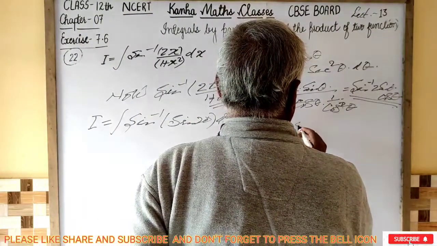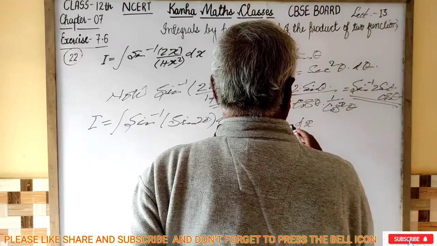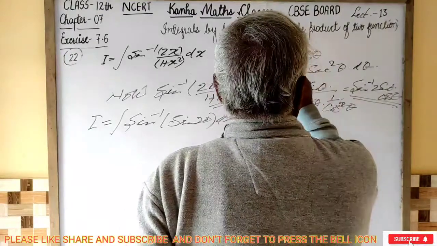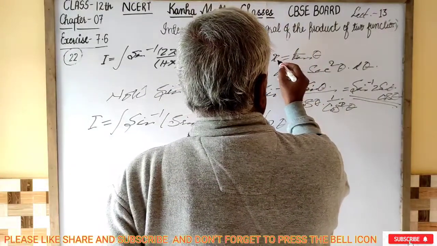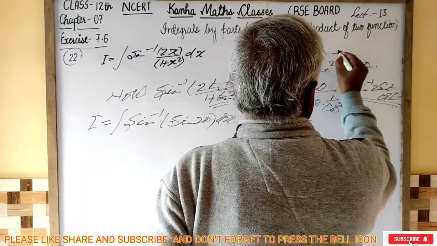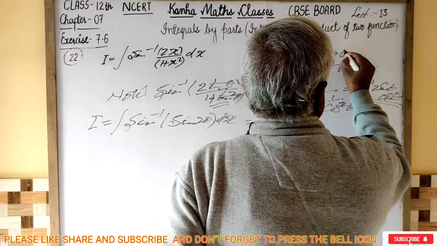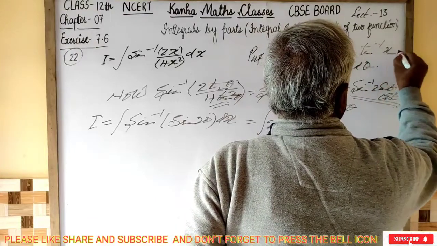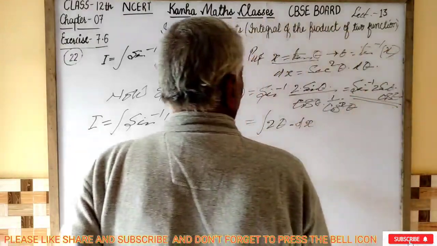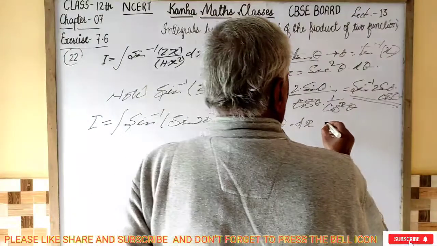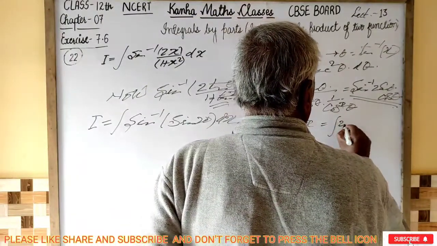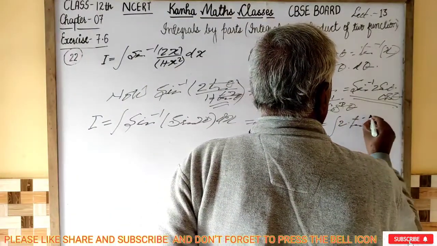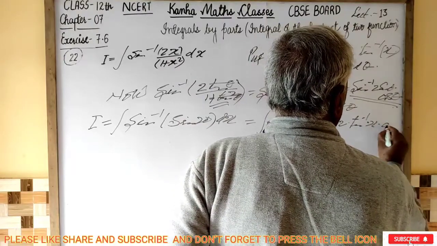Here we have substituted x is equal to tan theta, which means theta is equal to tan inverse x. Hence this will be equal to 2 tan inverse x dx.